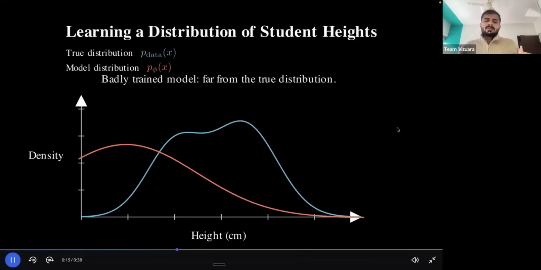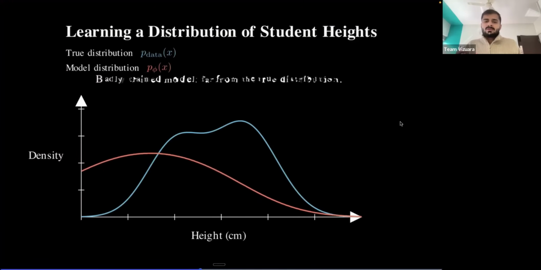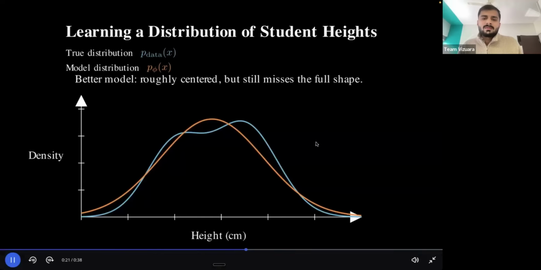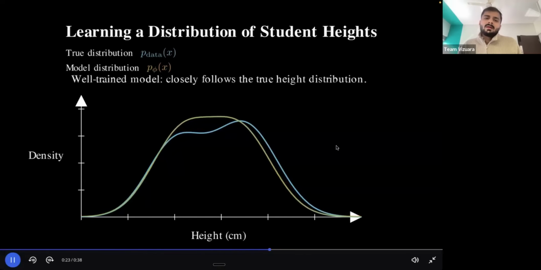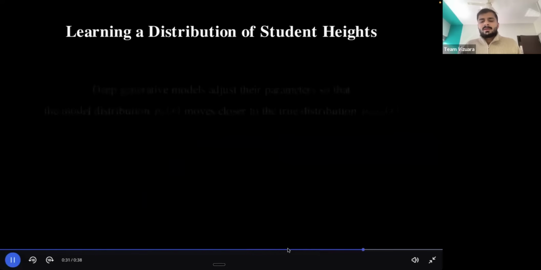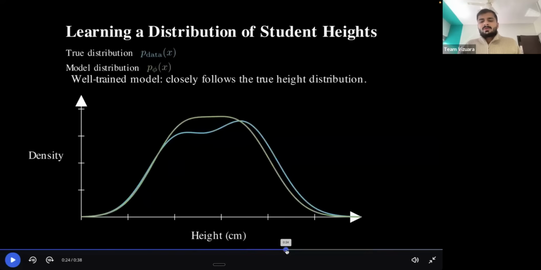What we want to do is slowly morph this distribution so that it is roughly centered around the true distribution. Whenever we are training a deep generative model, under the hood, this is what is actually happening. It is trying to change its curve so that it matches the curve for the true distribution as closely as possible.